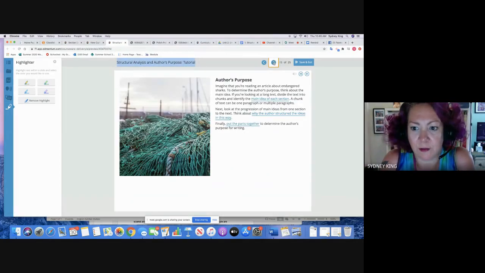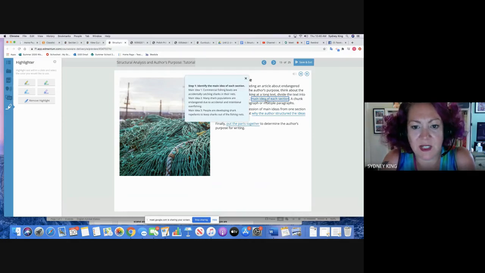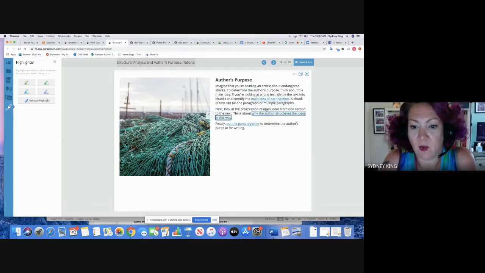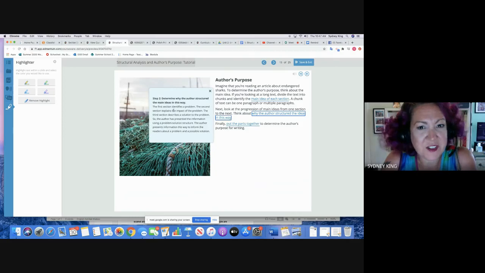You'll work on author's purpose, right? Which is really, why on earth are they writing? Sometimes you might wonder, why is there so much written? Well, every author has a reason why. And so this gives you the 3 steps to identifying that purpose, right? Identify the main idea of each section. And then, why did they structure it in this way? Ask yourself that question.